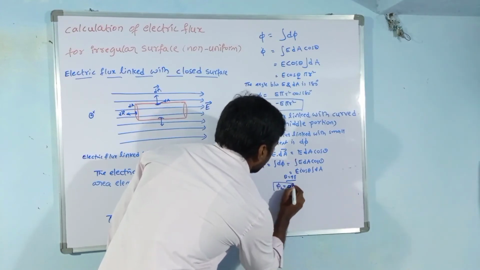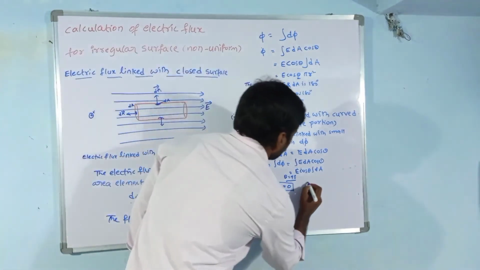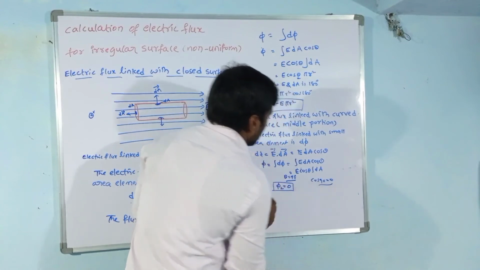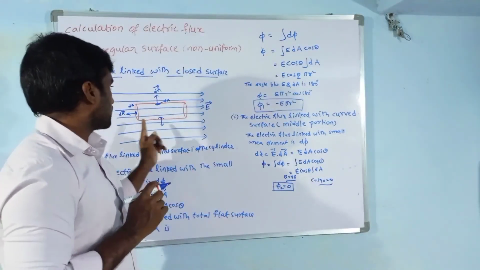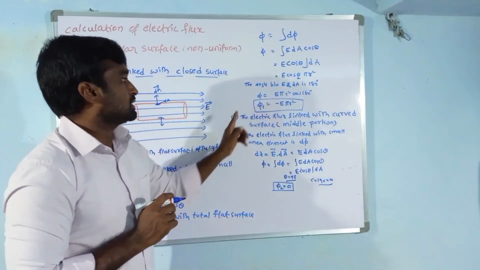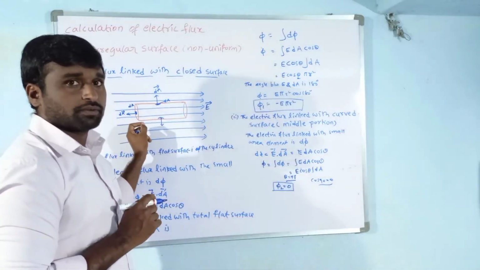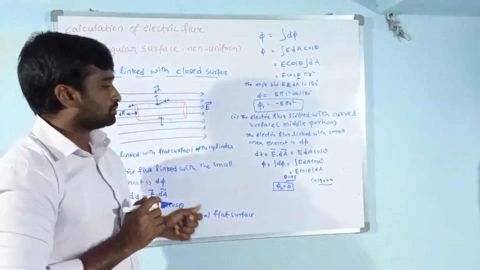I am taking this as phi 2. Phi 2 is the electric flux linked with the middle portion of the cylinder. Phi 1 is the electric flux linked with the first flat surface, the first end of the cylinder.